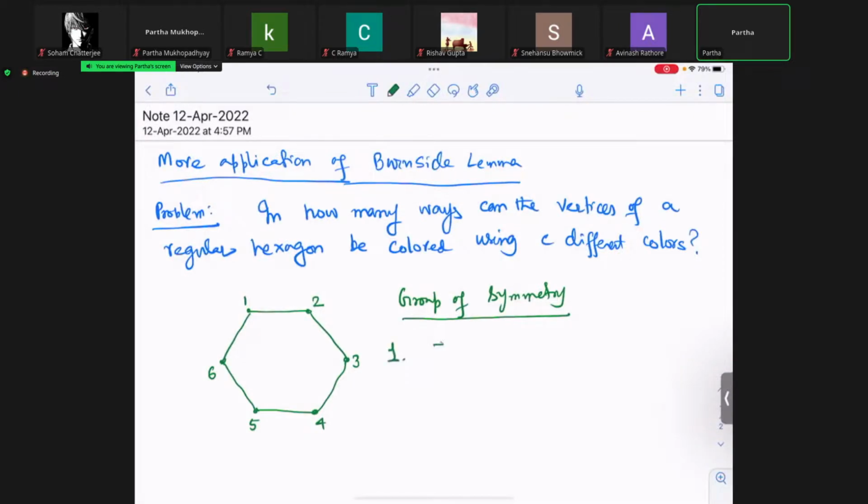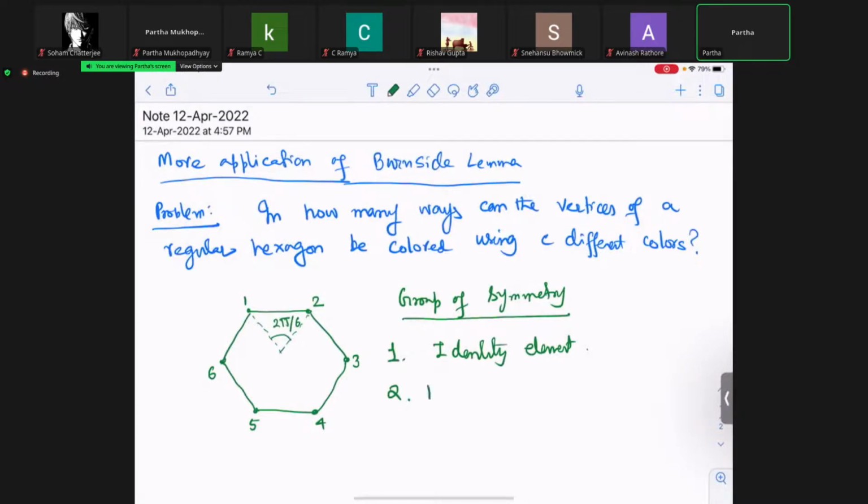So the identity element is included, of course. Now, this angle is how much? This is 2 pi by 6, right?